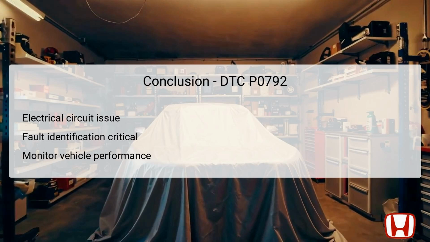Emphasizing preventive maintenance practices such as regular checks on the wiring and maintaining updated software on the PCM can greatly reduce the likelihood of recurring issues. Ultimately, consistent monitoring of vehicle performance plays a vital role in identifying and resolving problems promptly, ensuring smooth and reliable operation.